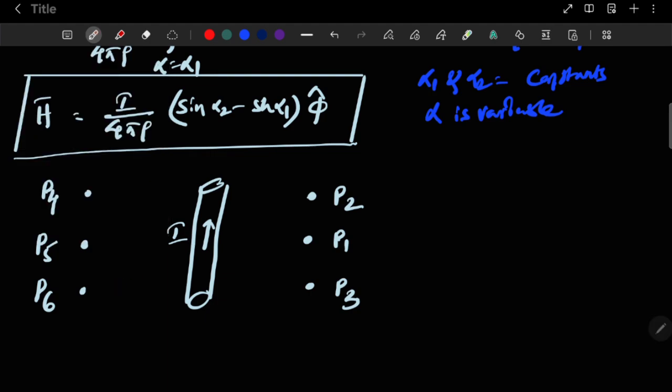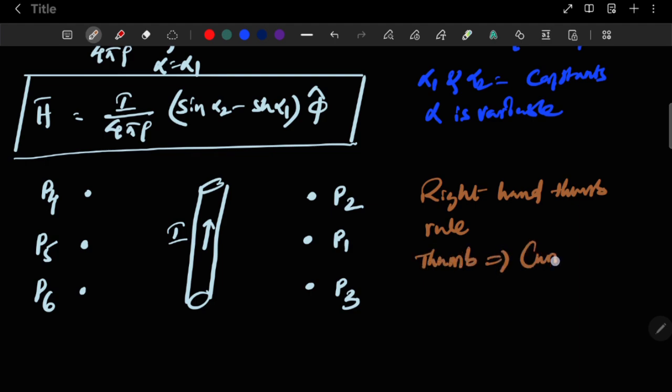Here the direction of h bar can be understood easily by using the right hand thumb rule. You need to hold the conductor in your right hand. Then the thumb indicates the current direction.